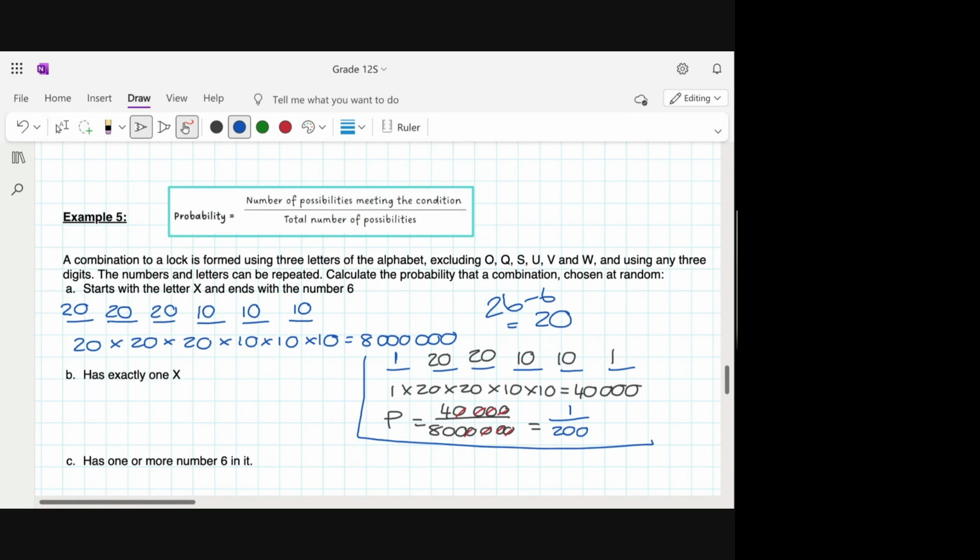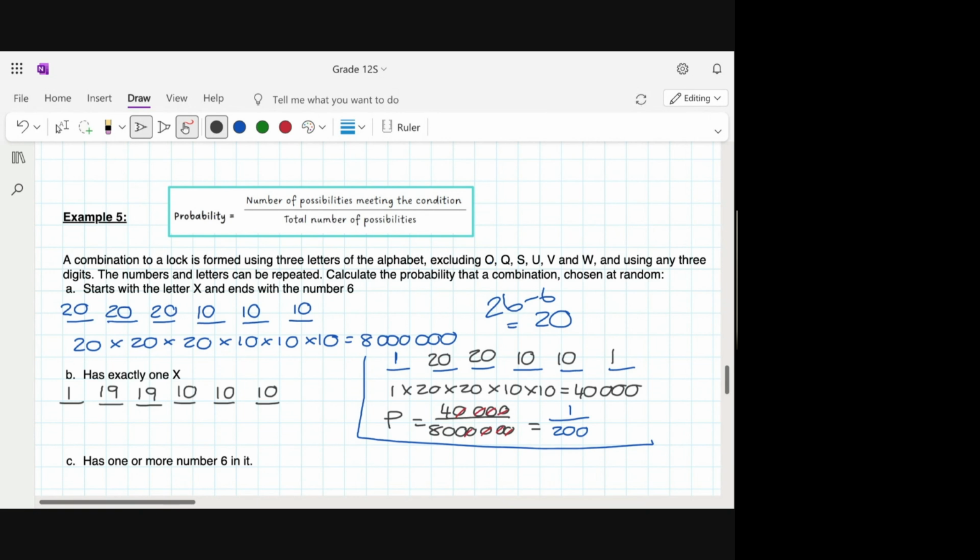Okay, for B, what is the probability that a combination has only one X? What's the probability that it's only going to have one X in it? So it only has one X, so one option here, because that's going to be an X. If it only has one X, it means I only have 19 options here and 19 options here, and I still have 10, 10, and 10 over there.